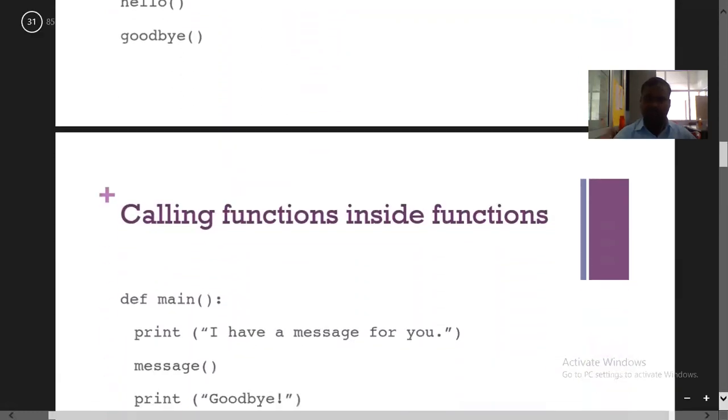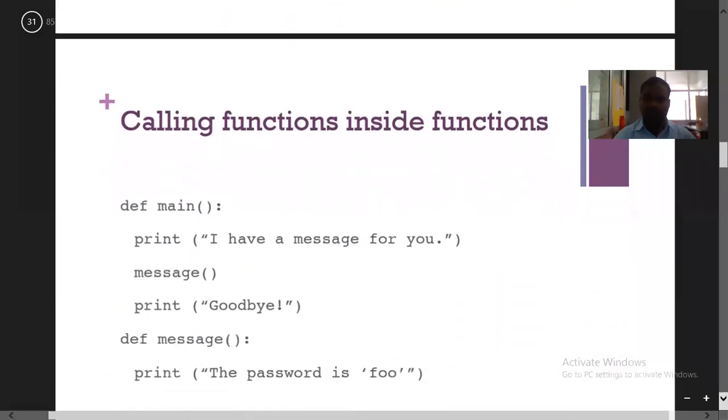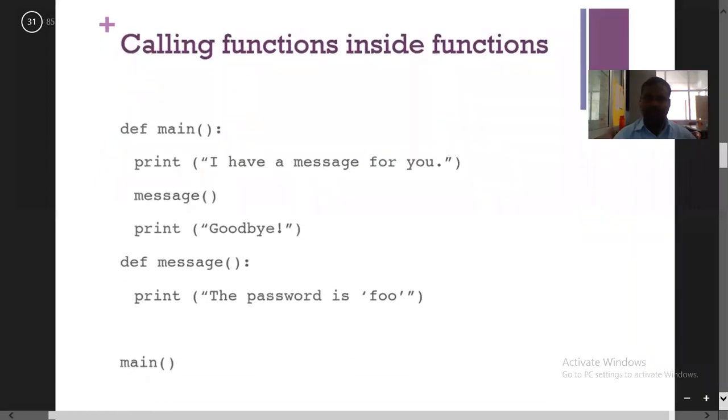Next one is calling a function inside a function. See here, we have a function def main, and it has one print statement. In this function, we have one more function call. One more function is named message, and main calls this function.